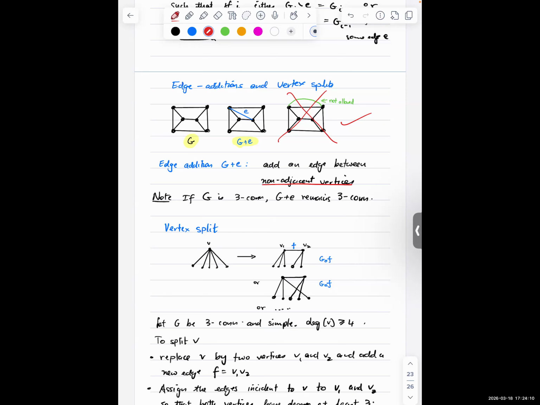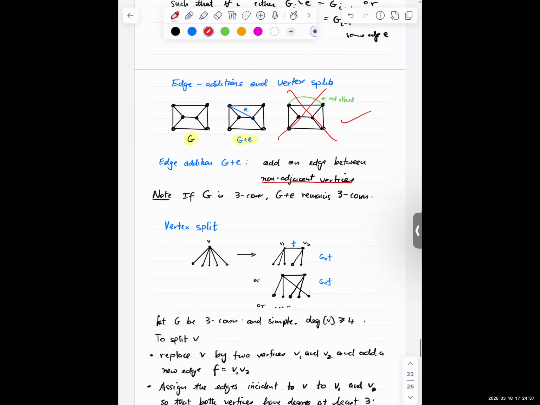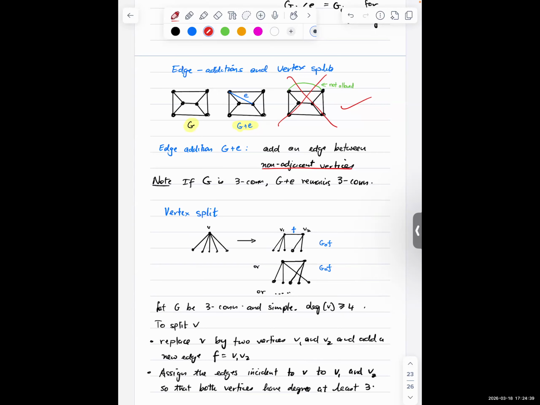So if G is 3-connected, G plus E remains 3-connected. A 4-connected graph is also 3-connected, because the way we've defined k-connected is if k is greater than or equal to kappa. Oh, the other way around, kappa is greater than or equal to k, then it's k-connected. Yes, thank you. David, is that okay? Yeah.